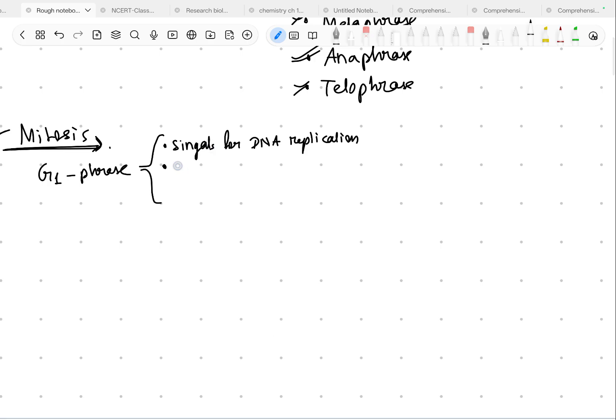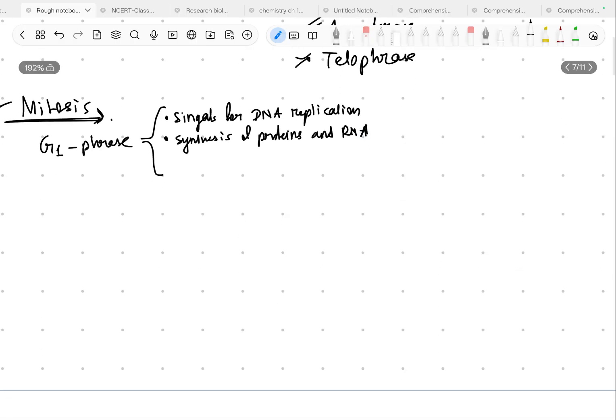Then synthesis of proteins and RNA occurs. So synthesis of protein, RNA, and signals for the DNA replication occur.